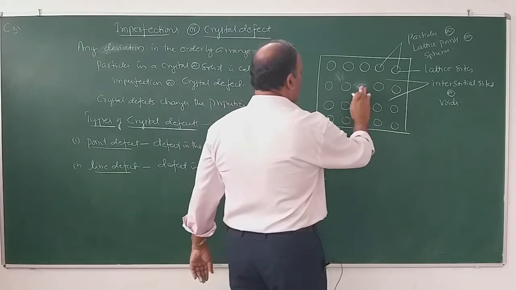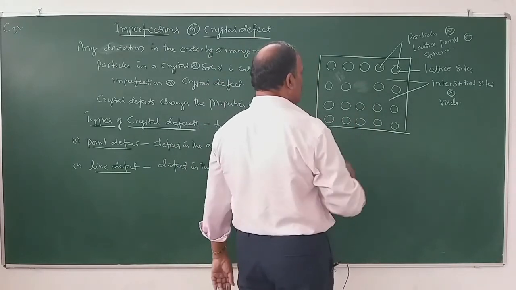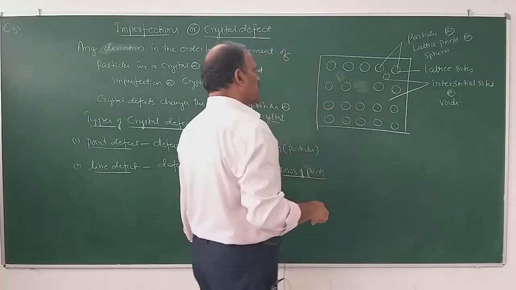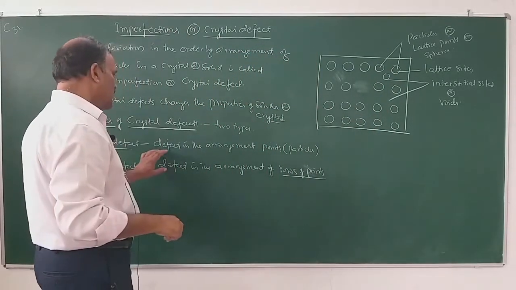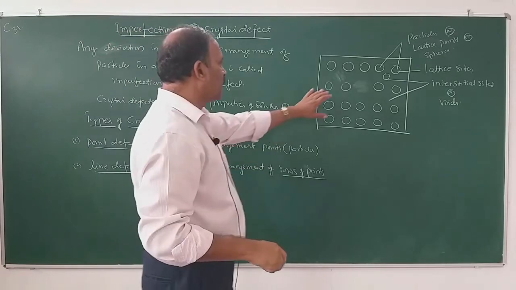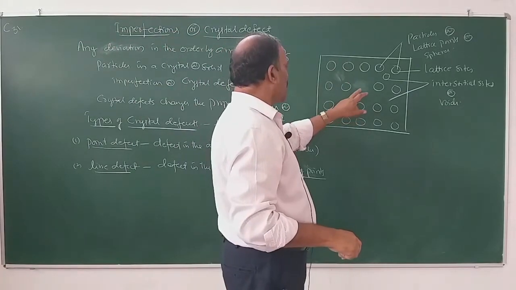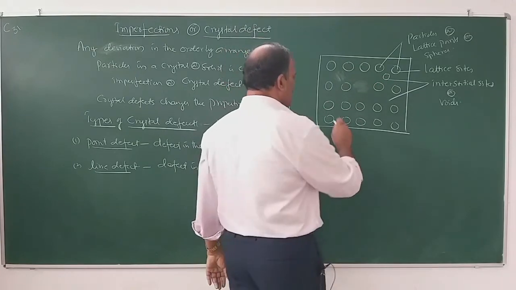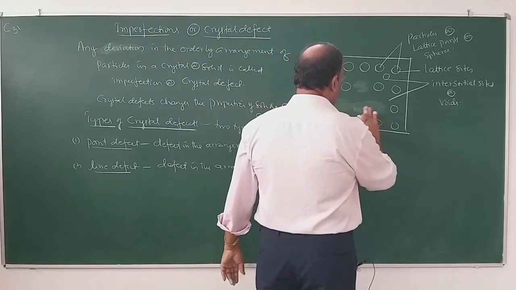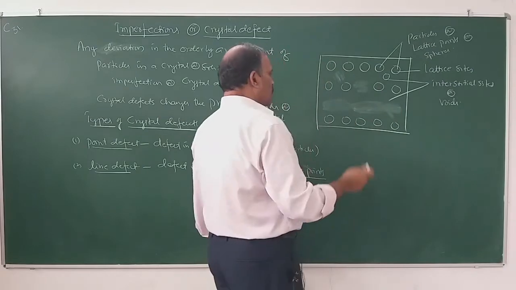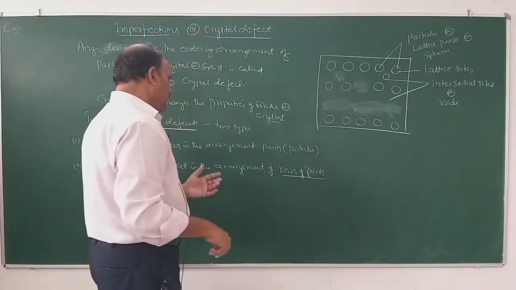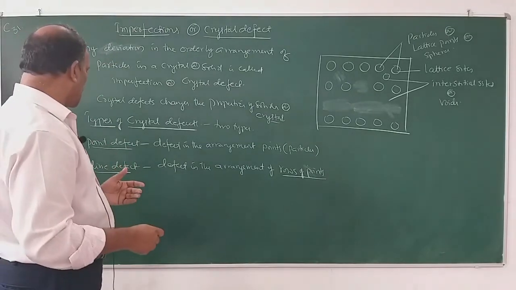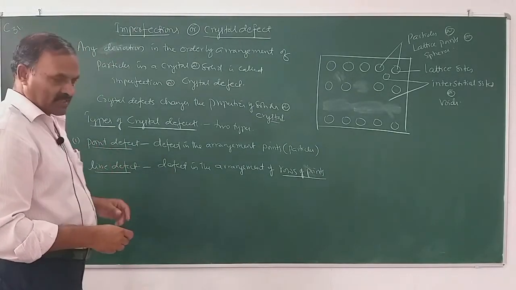So if one particle is missing, or if this particle occupies this position, these defects are called point defects. Defects in the arrangement of points are called point defects. Defects in the arrangement of lines, in some cases lines will be missing, so those defects are called line defects. So now let us study in detail what are point defects.